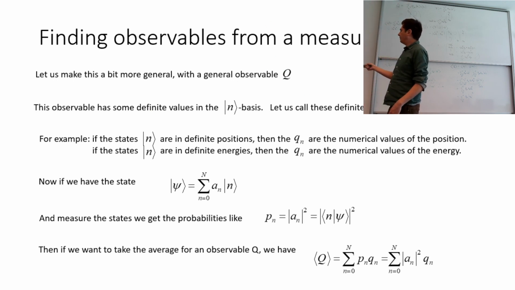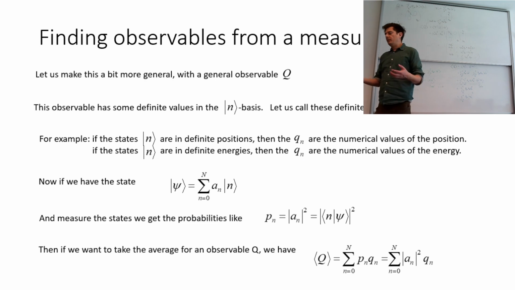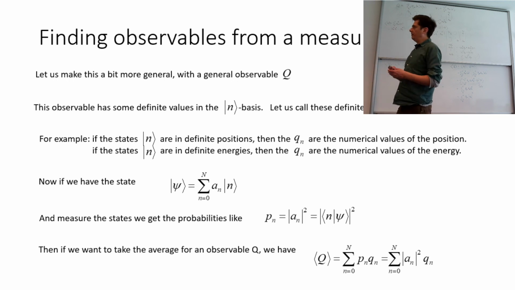If we're talking about energies, then it might be the definite energy states, and these would have different, definite values, measured in joules and things like that. Normally we deal with things like position and momentum, but you can have energies too. Actually, any value really.